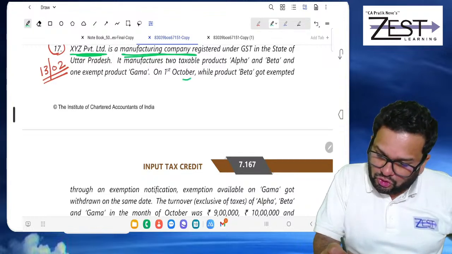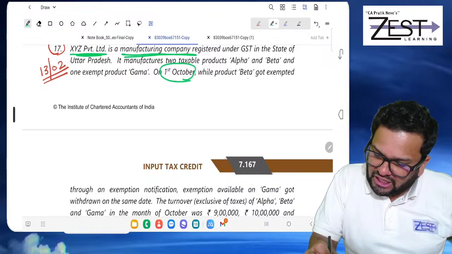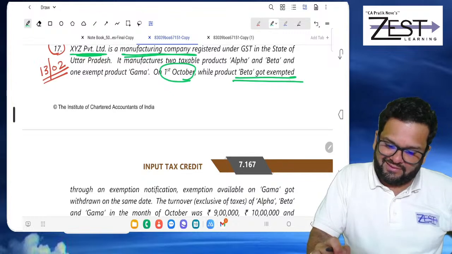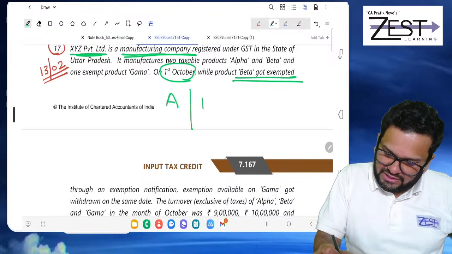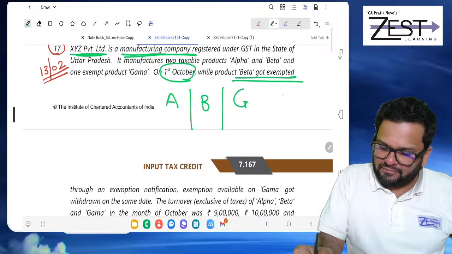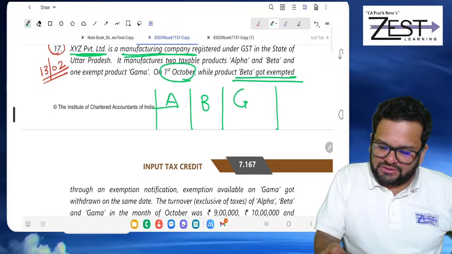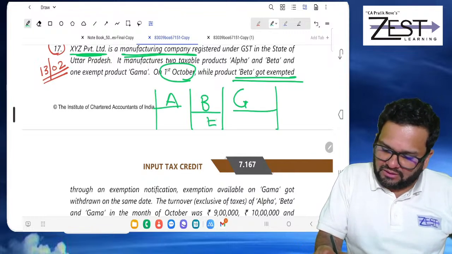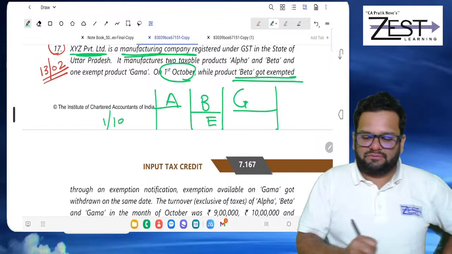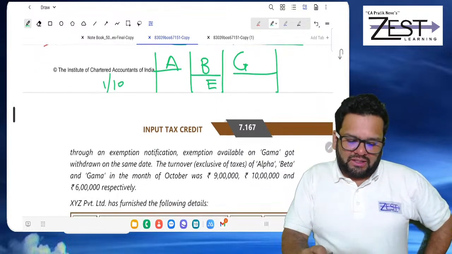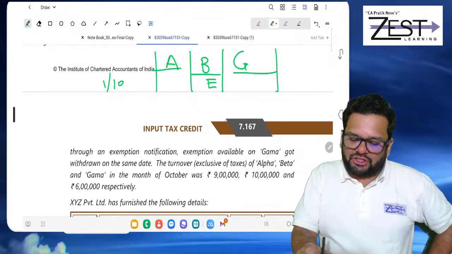On 1st October, product beta got exempted through an exemption notification.